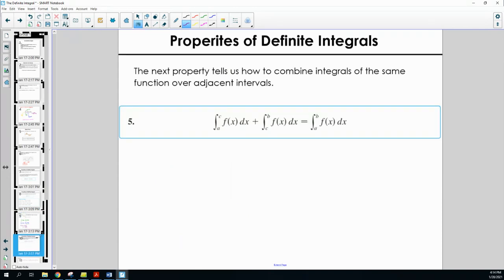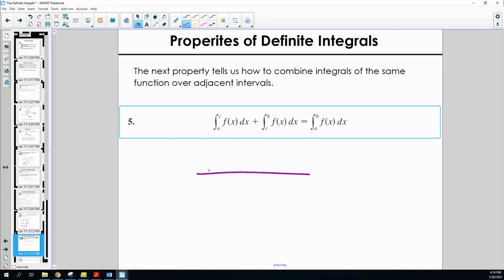Okay, and then the last property that we're going to look at is how we can combine integrals that are going over adjacent intervals. So for instance, if I have an integral from a to c, and I'm adding an integral from c to b, then that is the combined integral from a to b.